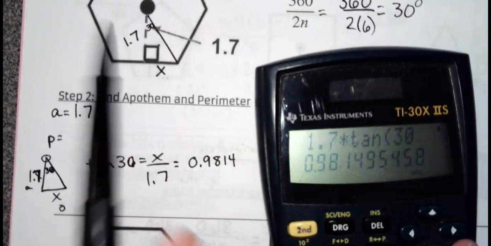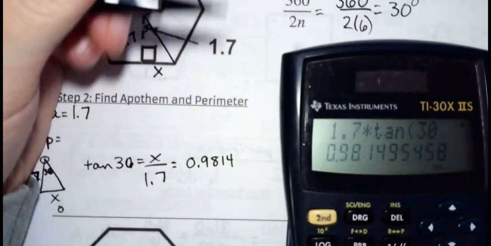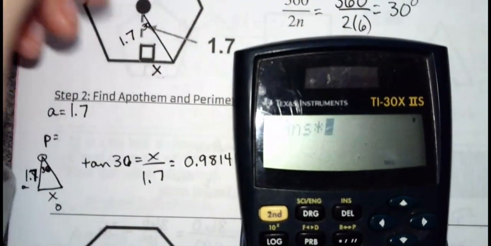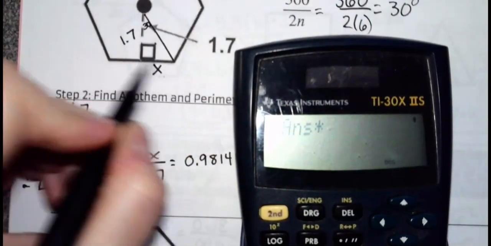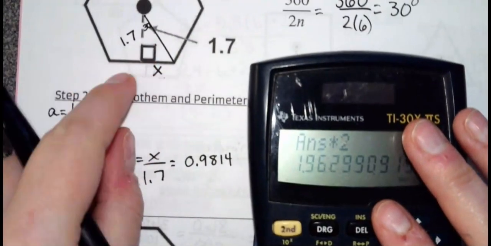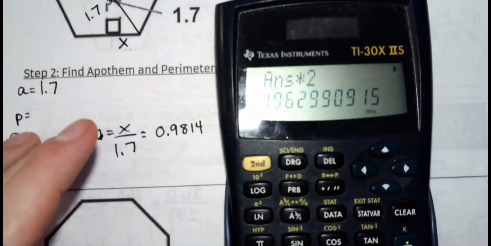This is shorter than that. So what we've got to do is take this number and then find the perimeter. So the perimeter is going to take that and multiply it by 2. That finds the length of this side. And then how many sides are there? There's 6.